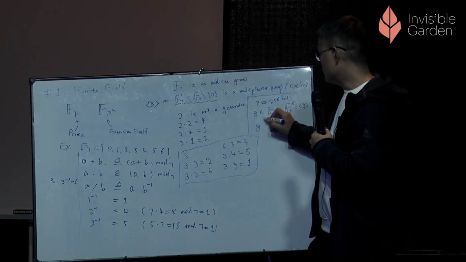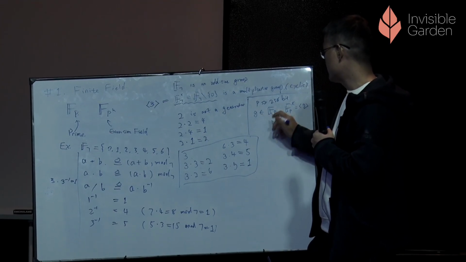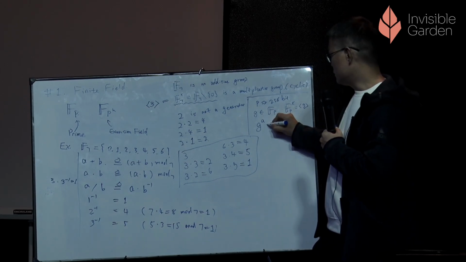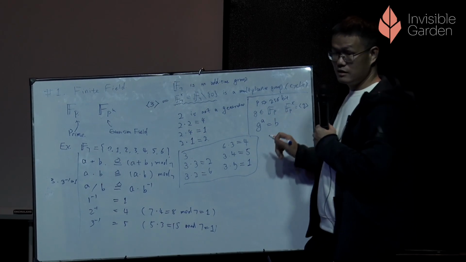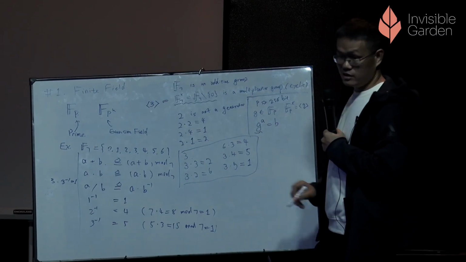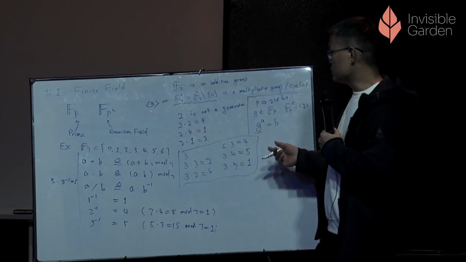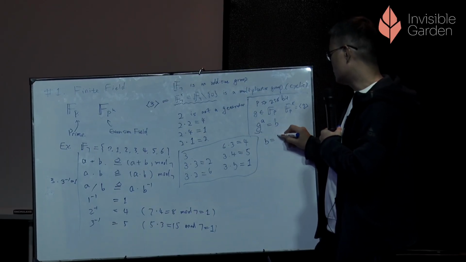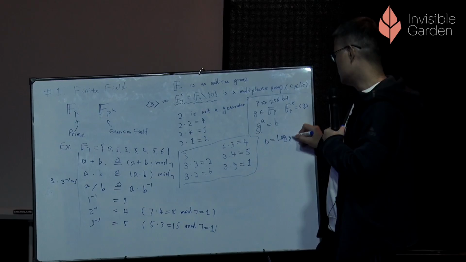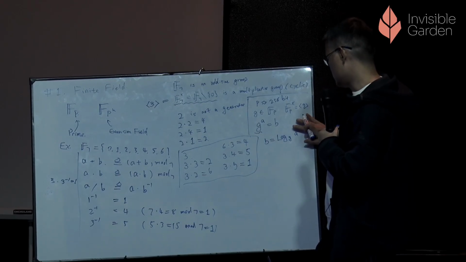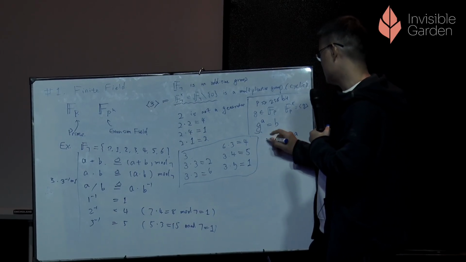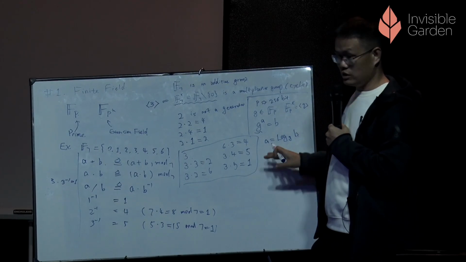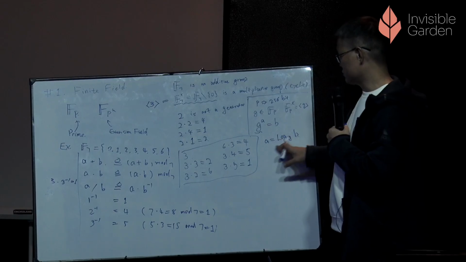For example, G to A equals some B, right? If G is public, a parameter of our scheme, our protocol, then A equals log base G of B. Basically, we should do a logarithm operation.